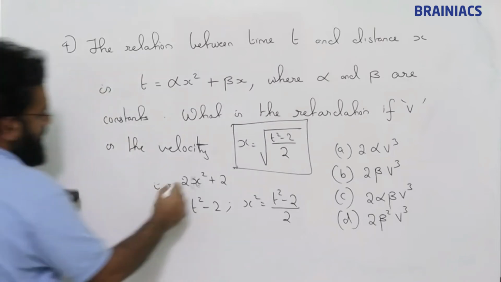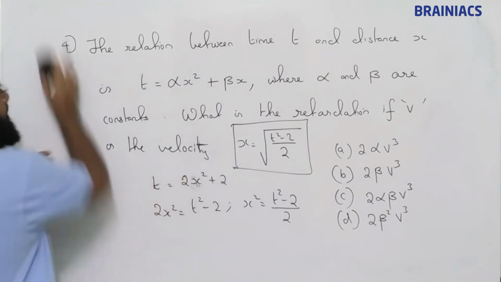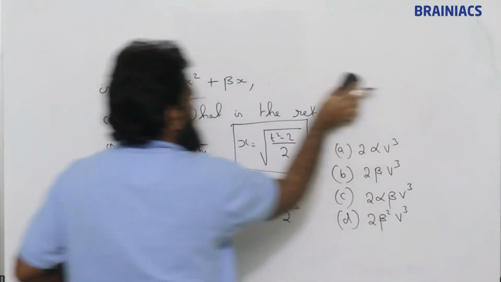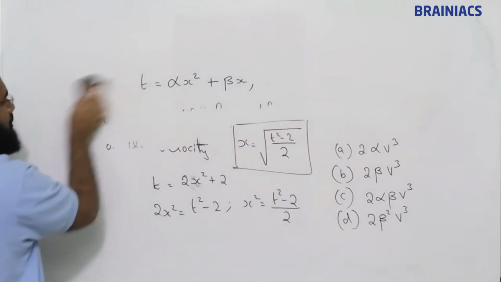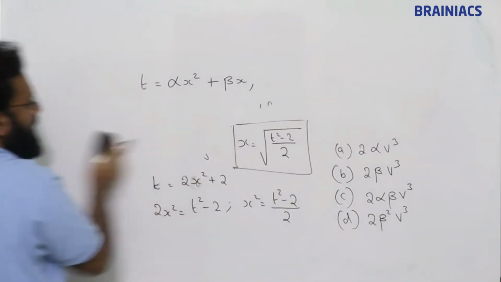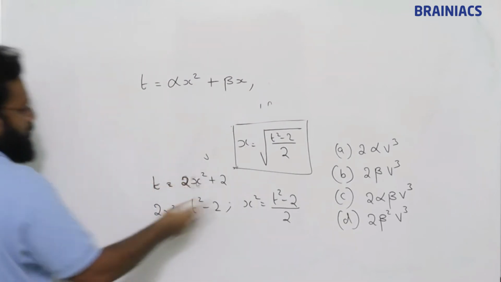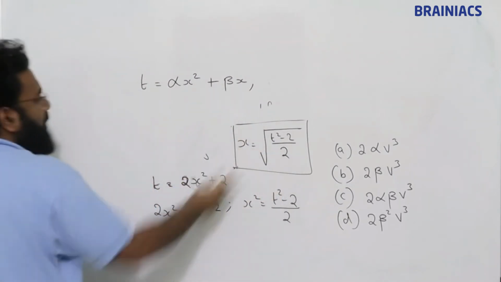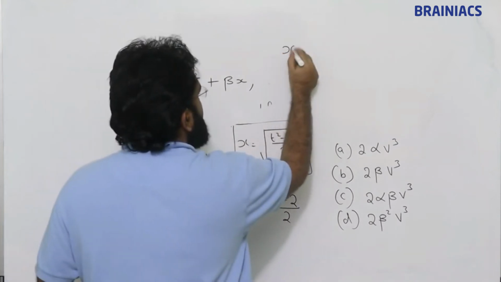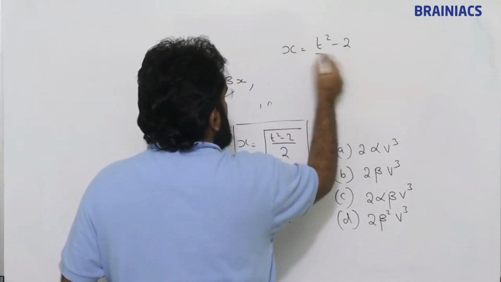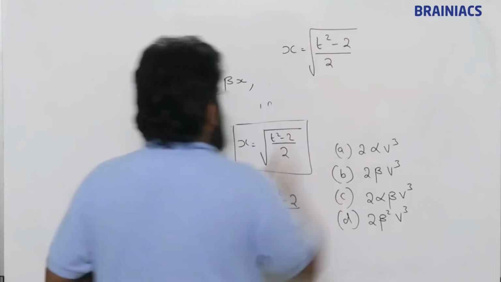Suppose we get t is equal to 2x square plus 2, then we can separate this and do it. So how to do? What is x? x is equal to t square minus 2 divided by 2, whole root.